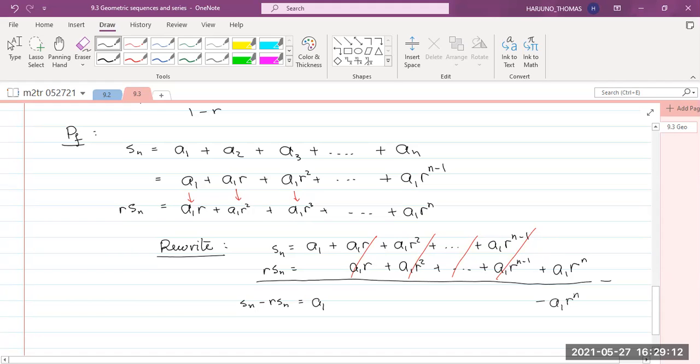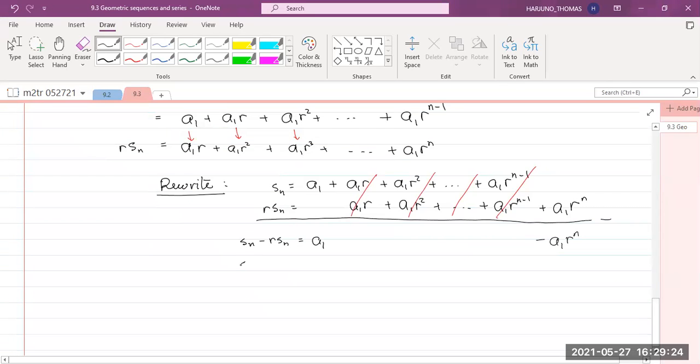Well, maybe not exactly telescoping, but that's the idea, in which some terms in the middle cancel. Then I factor the nth partial sum on the left-hand side, and on the right-hand side, I factor the first term. So the nth partial sum equals the first term times 1 minus r to the n over 1 minus r. That's the proof.